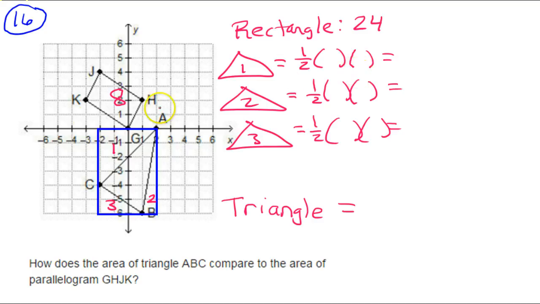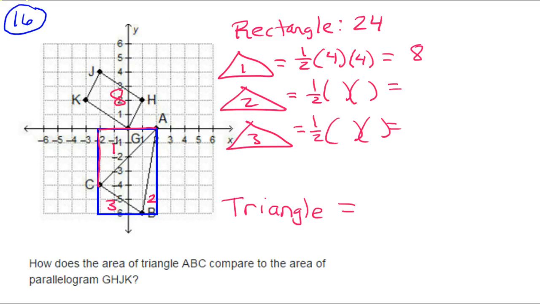So 1/2 base times height. So for triangle number 1, the base is 4. Yep, and the height is also 4. So 4 times 4 is 16. Half of that is 8.